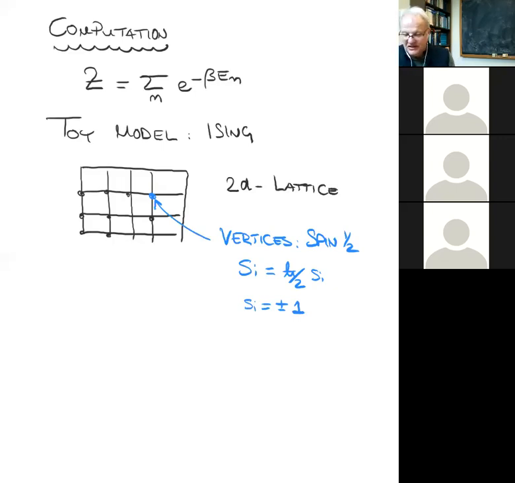It's a model of classical spins, but it's made quantum by the fact that the spins are discrete. They can either point up or they can point down. And of course, what potentially makes it a model for a magnet is that all of these little spins can become aligned, and then that would be like a ferromagnet, or they can be disordered, and that would be like a paramagnet.